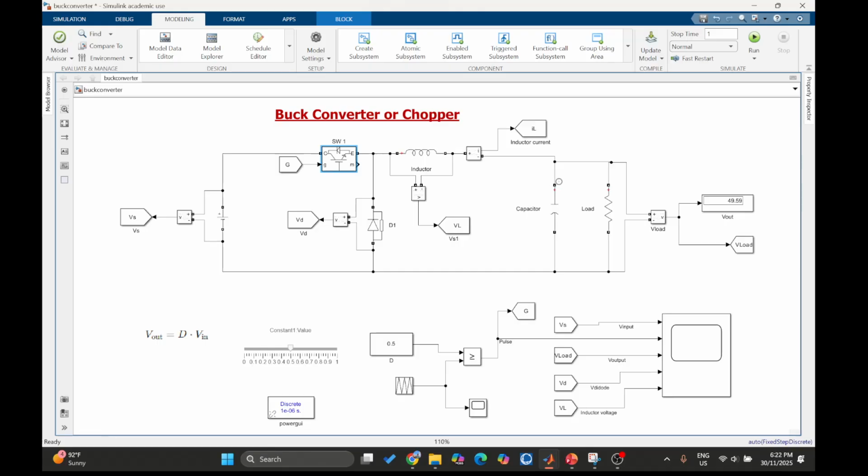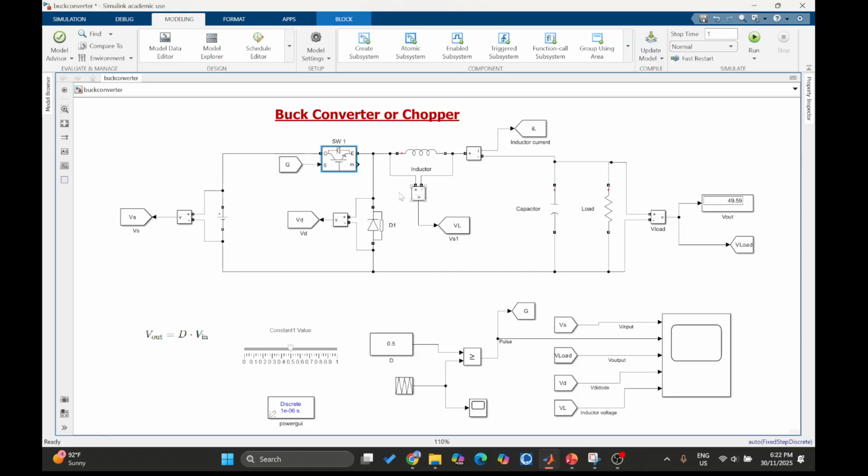The inductor does not allow the current to drop instantly. It has been charging, so the current cannot drop instantly and it releases the stored energy through the load.